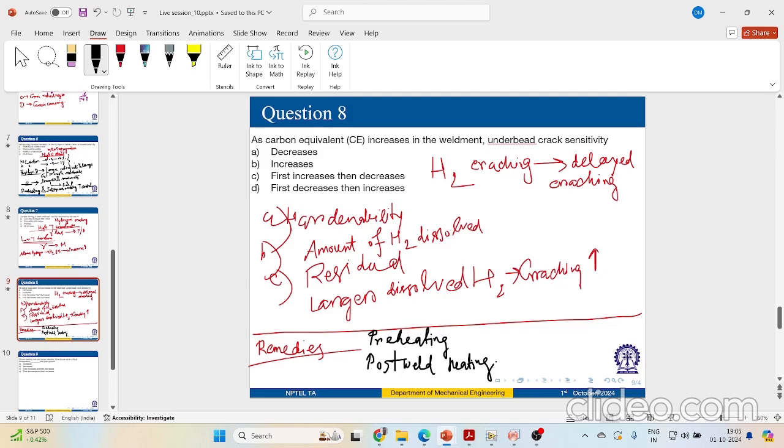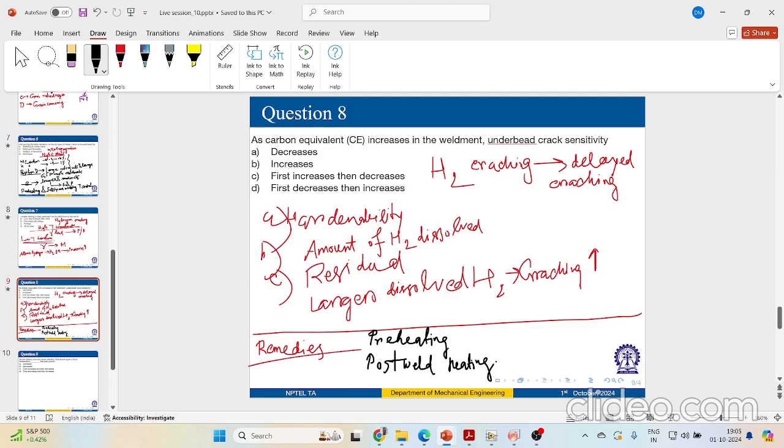And then the common sense is if you are using proper welding process and proper welding materials, the use of a lower hydrogen welding process. So we'll have gas tungsten arc welding, gas metal arc welding instead of submerged arc.